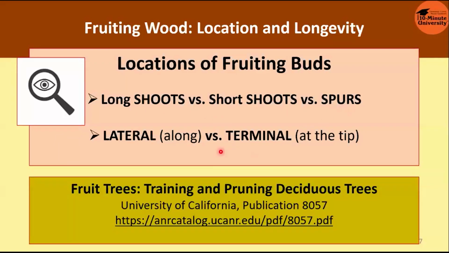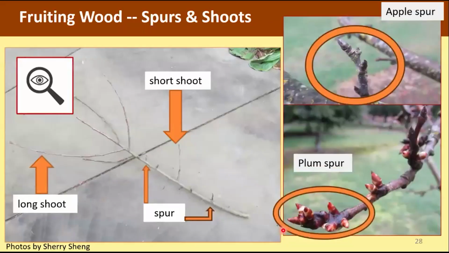They can also be distributed at the tip of the shoots and spurs that we call terminal, or they can be along the shoots and spurs that we call lateral. This publication has a very good table that shows you the common fruit trees, location of their buds, and gives you some pruning tips. But let's begin by looking at spurs and shoots.